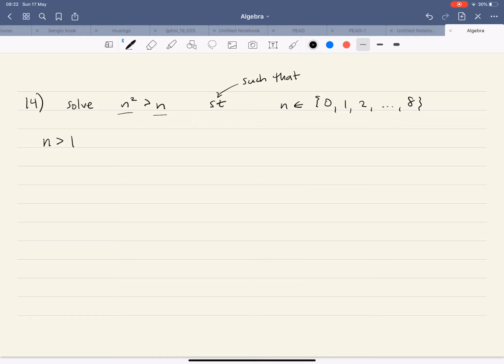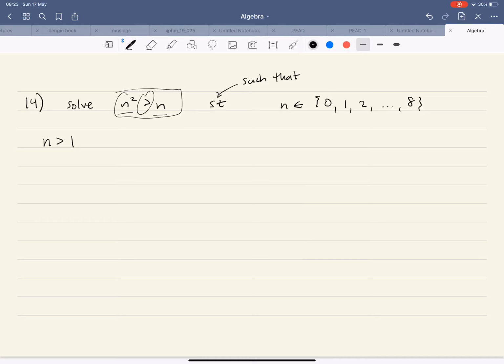Now, if n is 0 and 0 satisfies our original inequality expression, then we can't just divide by 0 because division by 0 is not allowed. Well, so the thing that we want to do is we take a look at our domain. We say, well, it's okay if I divide because I don't have any negatives in my domain, so I don't have to worry about the inequality flipping.